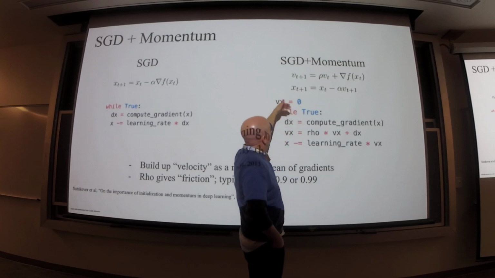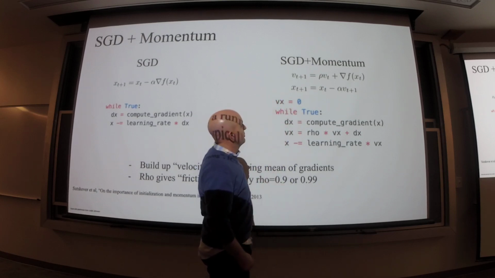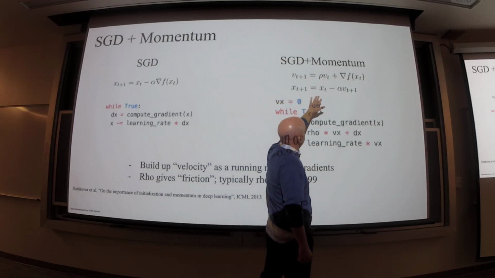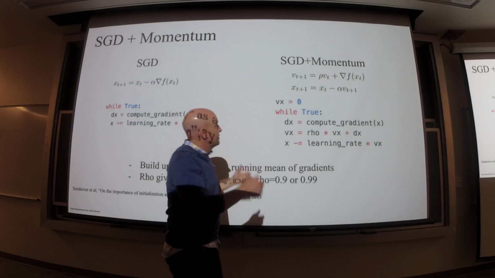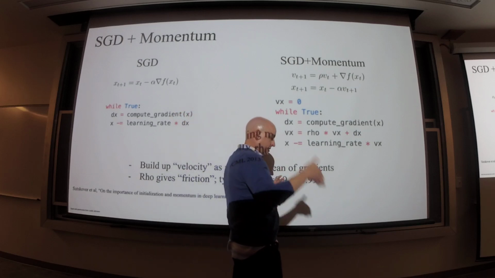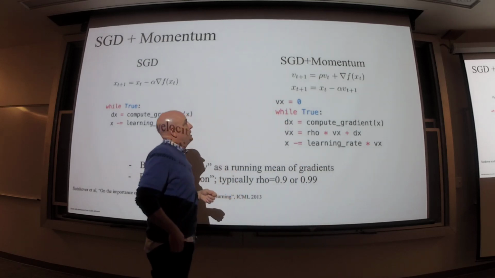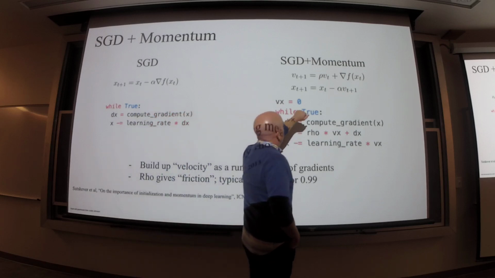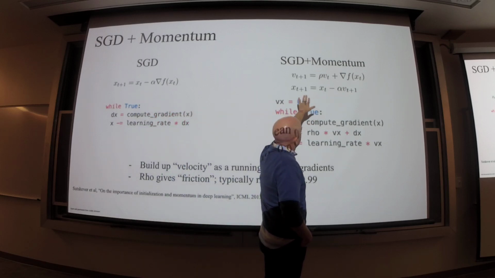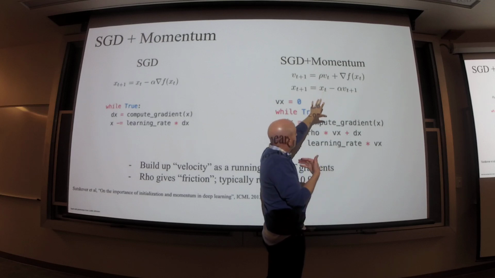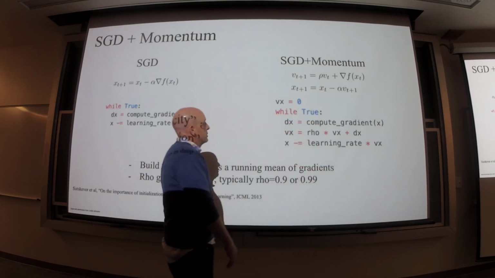As the term momentum suggests, you can think of your weights as your positions in space, and now you introduce some sort of velocity. Your gradient is like a velocity, a change in a certain direction in space. But now you keep track of this velocity, and we preserve some of the history of the gradient as we go along.